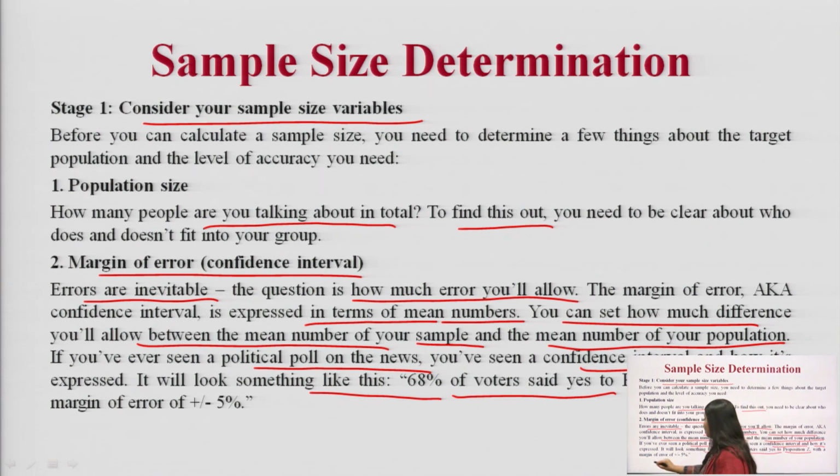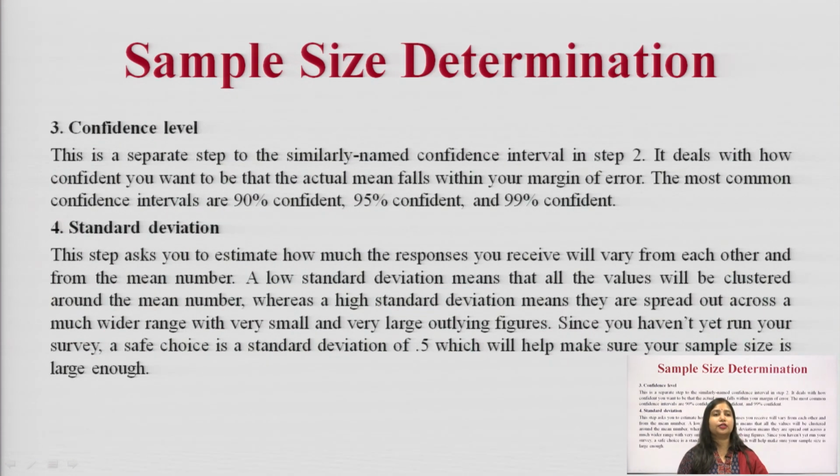In this case you may allow a margin of error of plus or minus 5%, meaning 5% up or down is possible from this result. So, you allow 5% error, it may be more than that value or it may be less. This is our confidence interval or margin of error.